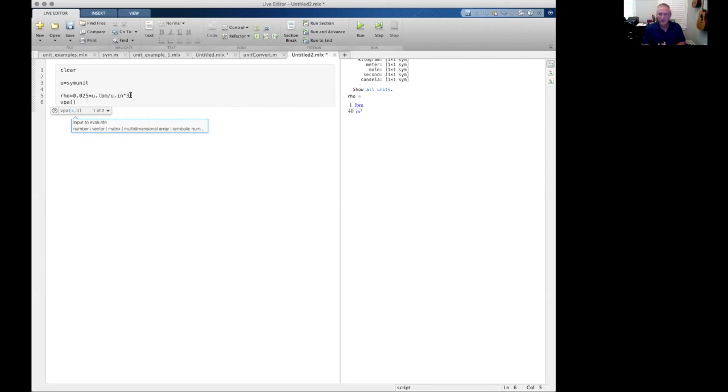And it's just a way of making MATLAB report back things that aren't fractions. Okay, so the variable we're working with is rho. So I hit that, hit run, and you see it's 0.025 pound mass per inch cubed. All right. So hopefully, it's a lot of typing, but really it's pretty straightforward to do. You get fast at figuring out how to enter that.